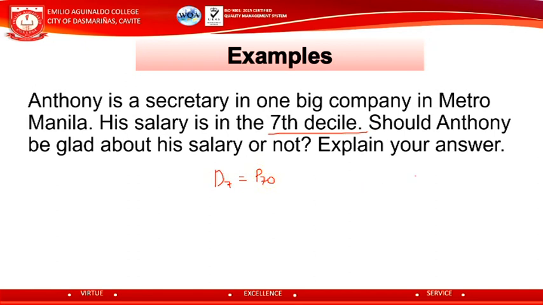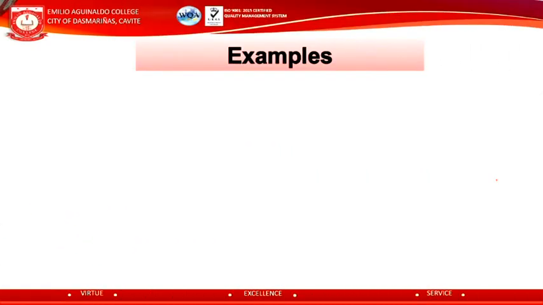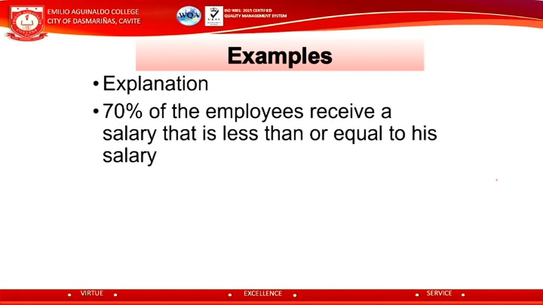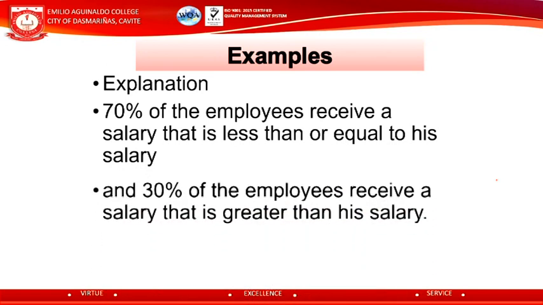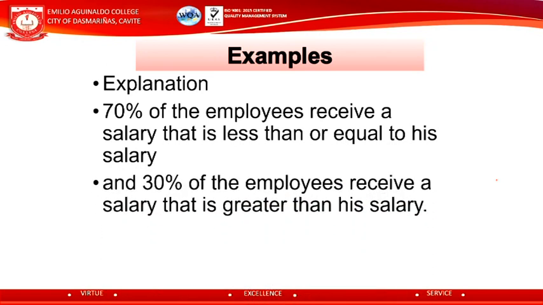Okay, and if we're going to draw a diagram, this will be the position of Anthony, and there are 70 other people, or 70 percentile, that are below or even equal to the salary of Anthony. And there are 30 more others, 30 percentile, na mas mataas naman yung salary sa kanya. So, should he be glad? 70% of employees receive a salary that is less than or equal to his salary, and 30% of the employees receive a salary that is greater than his salary.